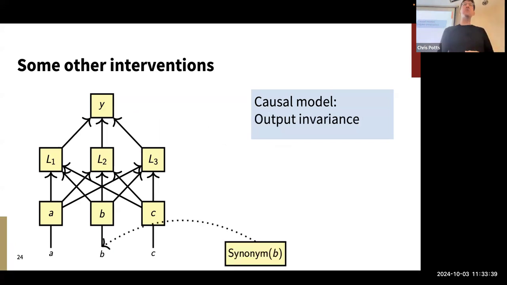And of course, we can also do input level interventions. Those are very simple from the perspective of the theory I just offered you, but they can be really powerful. Like if I change B there to one of its synonyms, I might hope that nothing changes about the behavior of the network, but maybe it does. Maybe that points out a problem. And so forth and so on.